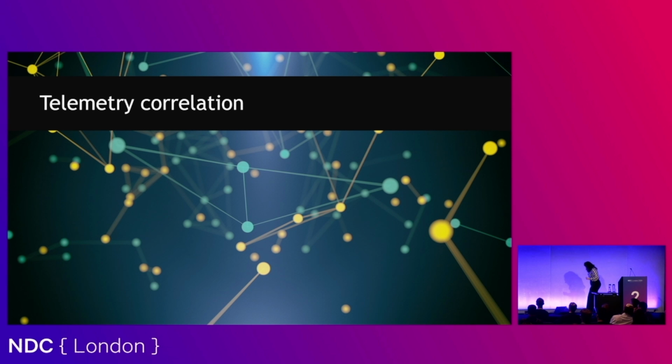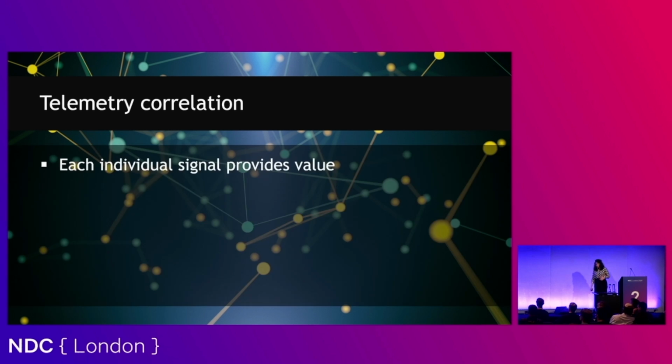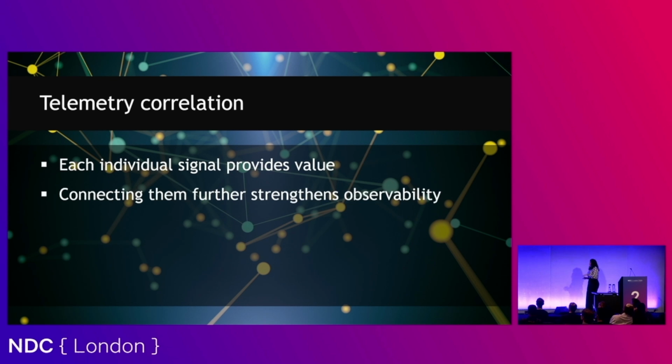And that brings me to the last best practice that I want to talk about today, and that's telemetry correlation. Because we already talked about the multiple signals, and there are different reasons why we'd want to use individual ones, right? Each individual signal provides its own type of value. But when it really becomes powerful is when we are able to connect all of that information together. Because that would further strengthen our observability.